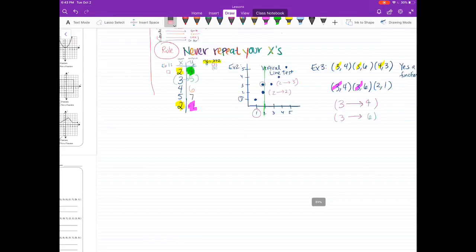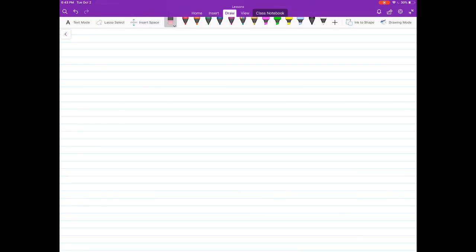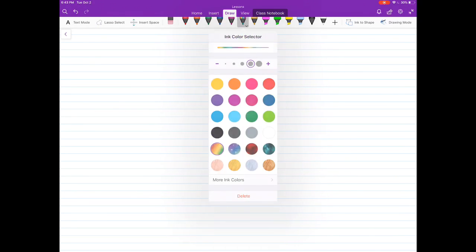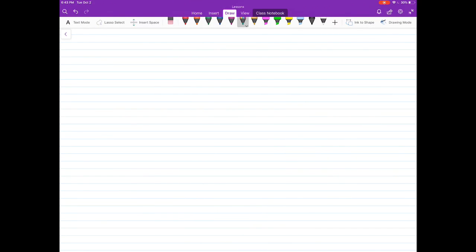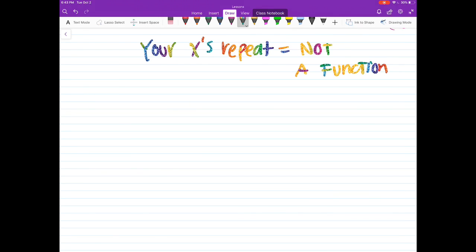So with the idea of you can't repeat your x's, that's your golden rule. So tomorrow on your quiz, as soon as you see your x's repeat, that means not a function. As soon as you repeat, you're not a function.